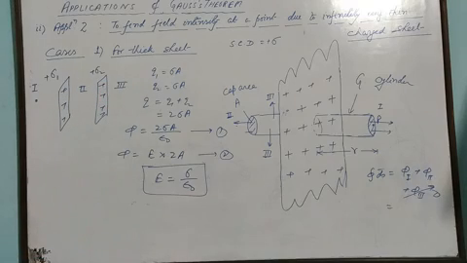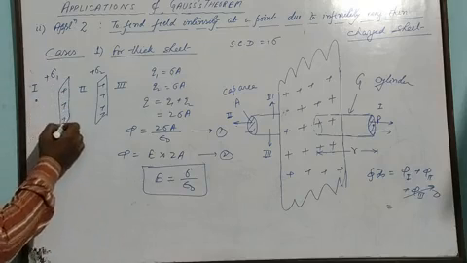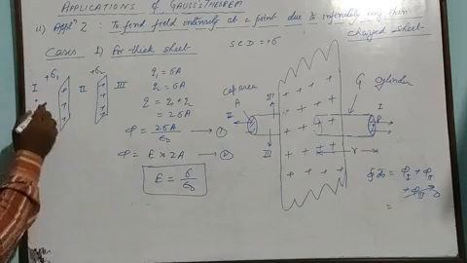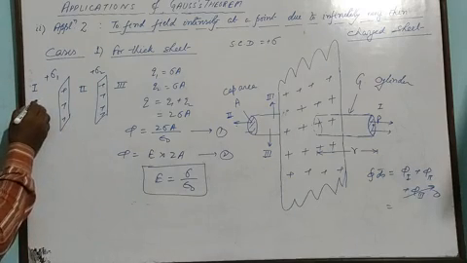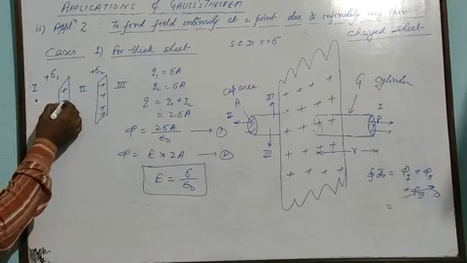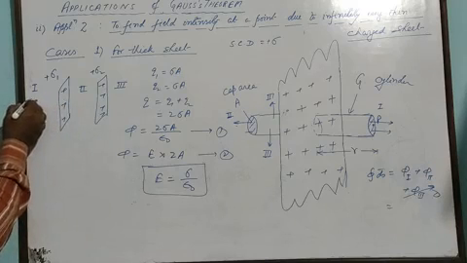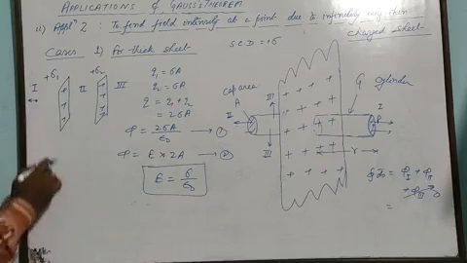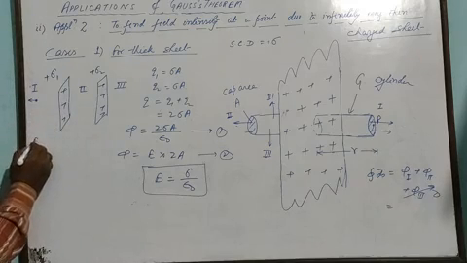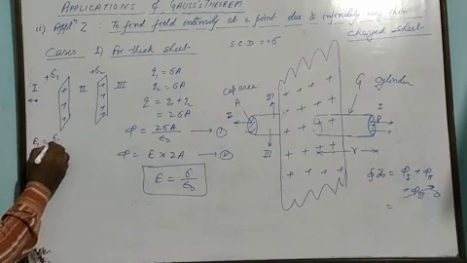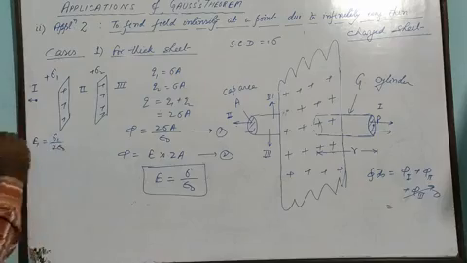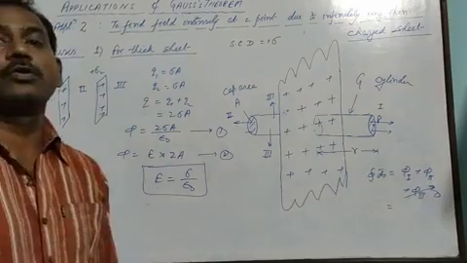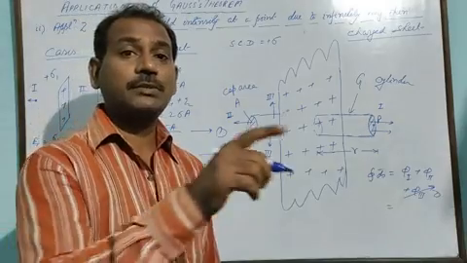No problem. Due to this charge sheet first, the field intensity here will be, this is positive, so it will be radially outward. Due to this, the field intensity here will be sigma 1 by 2 epsilon naught without caring about the distance of the point.